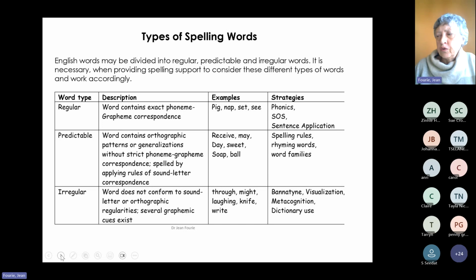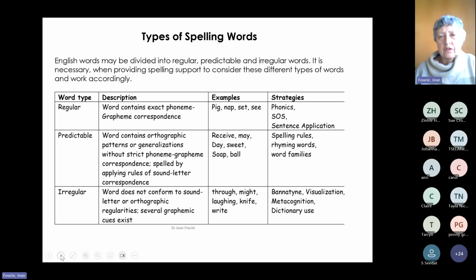Now, when you do remediation with children, it's a useful thing to have a look at the writing that a child has done. So ask them to write a little paragraph or a little story about something, and then have a look at where the words are that they are making errors.